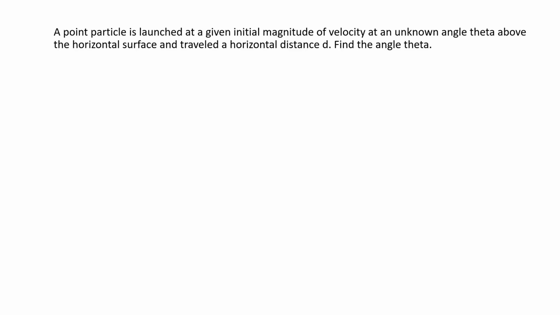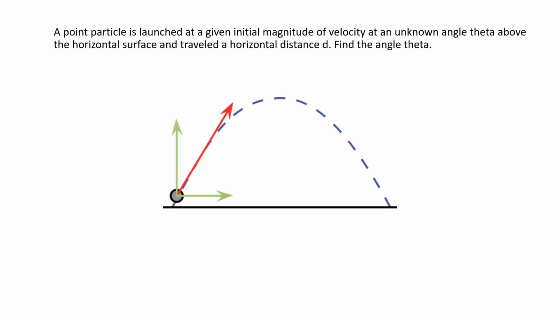Find the angle theta. So if we draw out the problem, we know that there's a ball being launched, assumed to be in an Earth environment, so let's consider downward to be negative and upward to be positive.